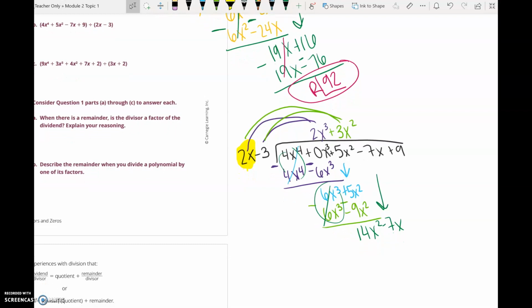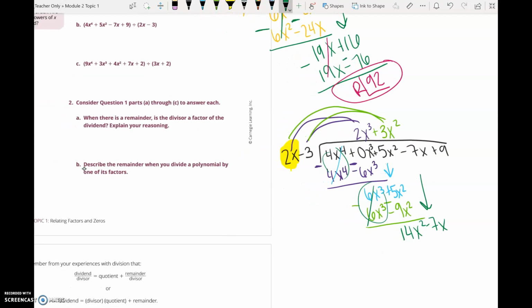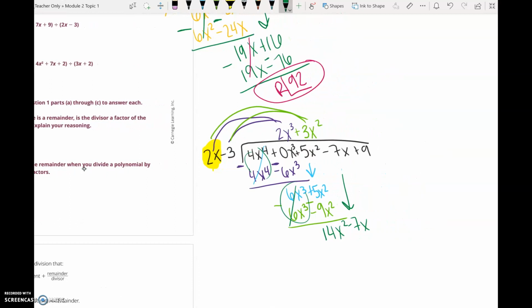Now, what times 2x would make 14x squared? Definitely need an x, but I also need a 7. So 7x times 2x is 14x squared minus 21x.